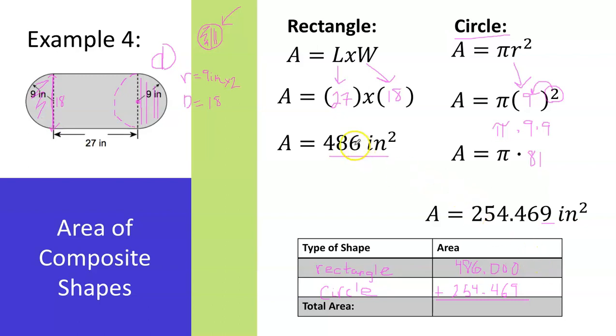So I'm adding the area of the rectangle and the area of the circle, and I get a total area of 740.469, which I round to the nearest tenth. That's how I decided to have you round in your Go Formative, so I'm trying to do the same thing in the video. So our final answer for the area of this entire composite shape is 740.5 square inches.